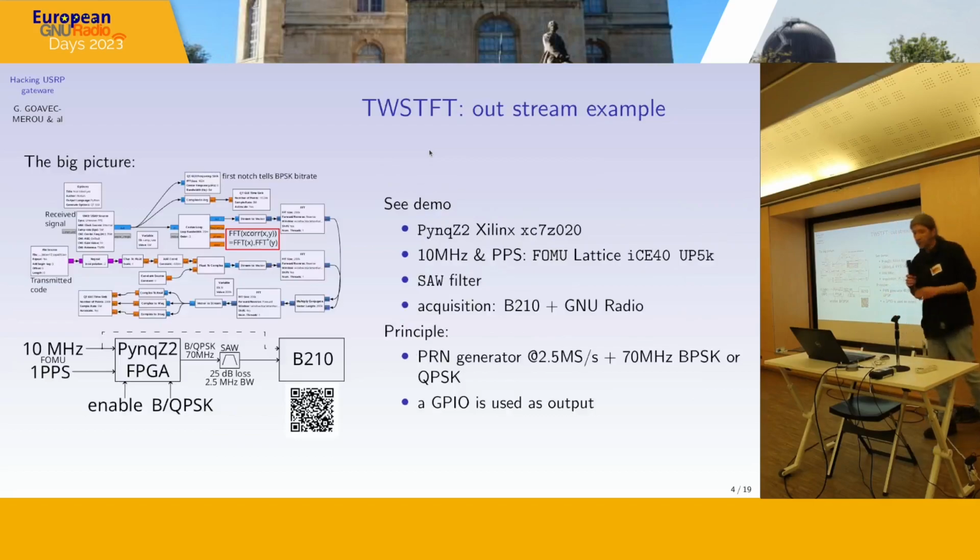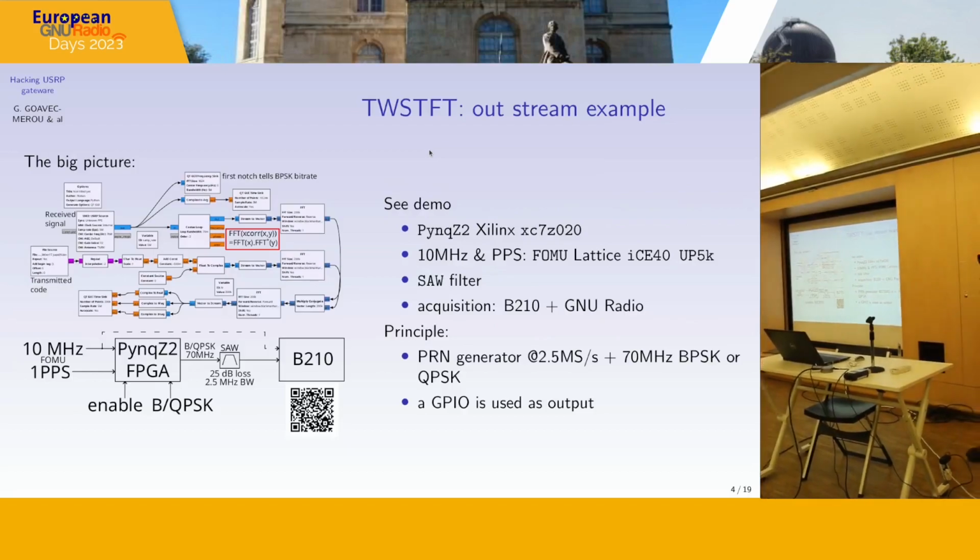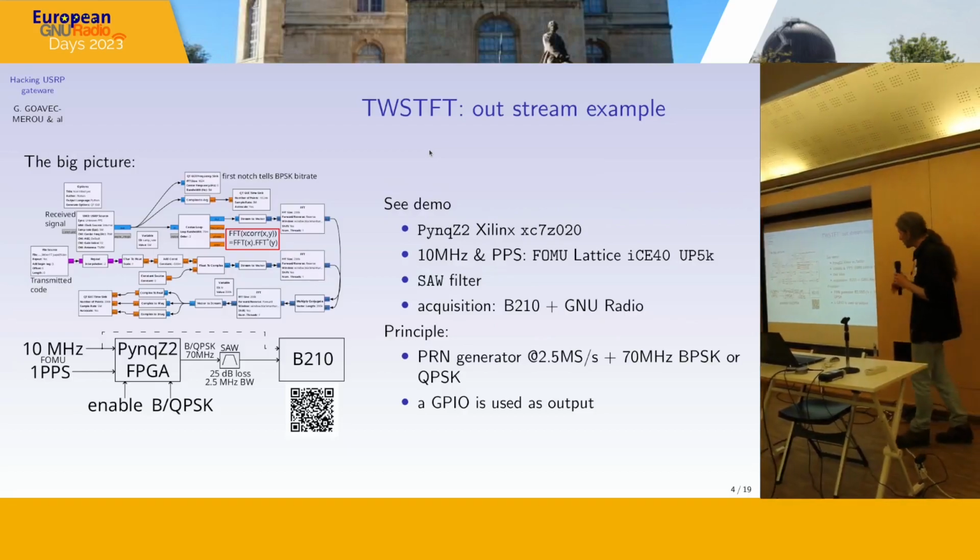First example, again, it's a poster shown yesterday for the demonstration with a flow graph already explained. For the demonstration, to have something more clear, we have used a Pynq Zynq-based FPGA just because we have this on the shelf.